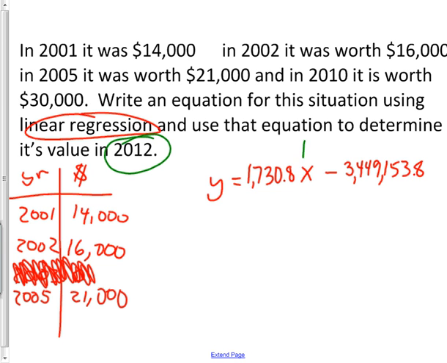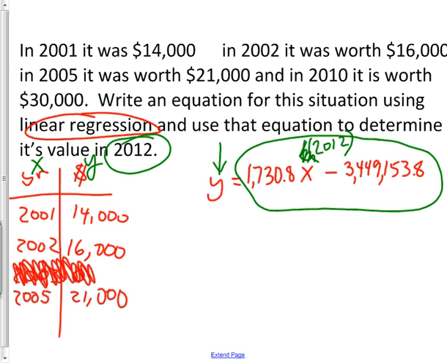I either put it in here or here. Which is the year? Is it an X or is it a Y? It's an X. So why do I know that? Because see, X's are the first column and Y's are the second column. So if I put in my year, I put in 2012 right here, then I just type this into my calculator and it tells me the answer to the question.